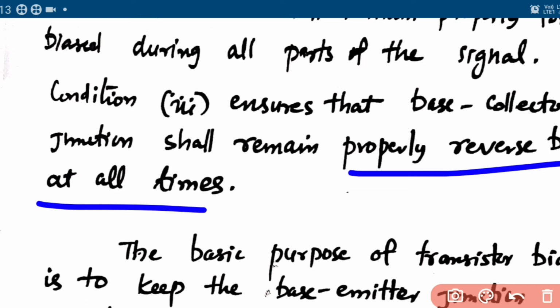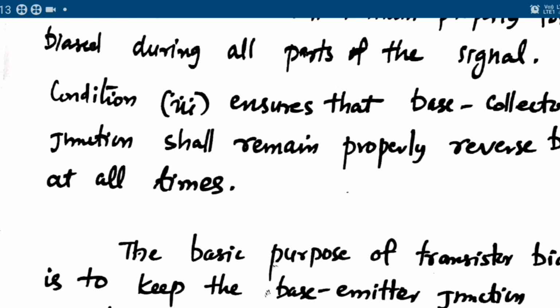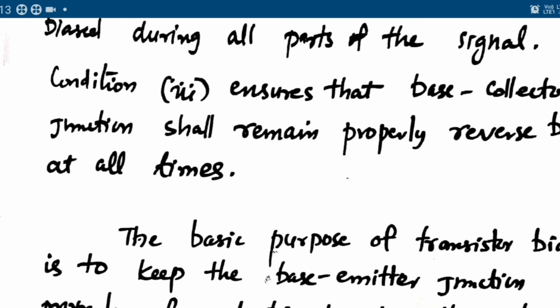So essentially all these conditions are meant to keep the base emitter junction forward biased, collector base junction reverse biased at all times.